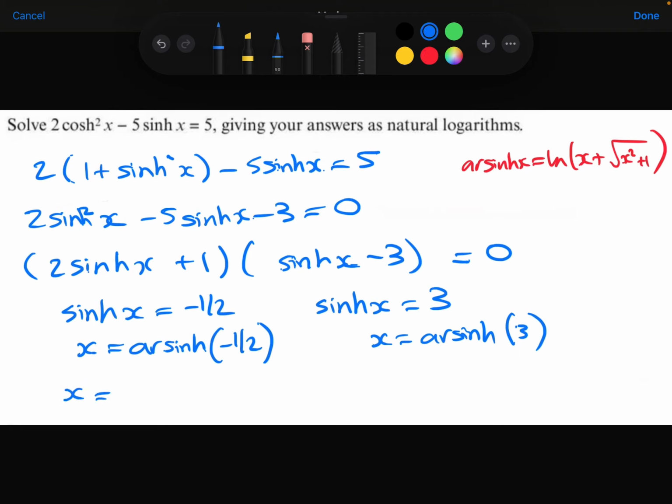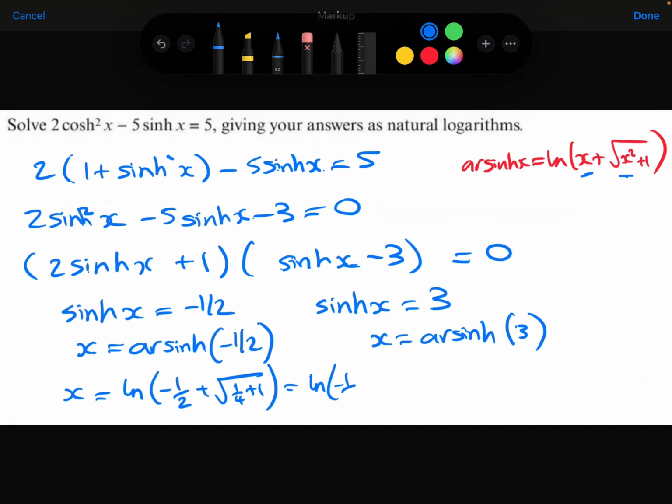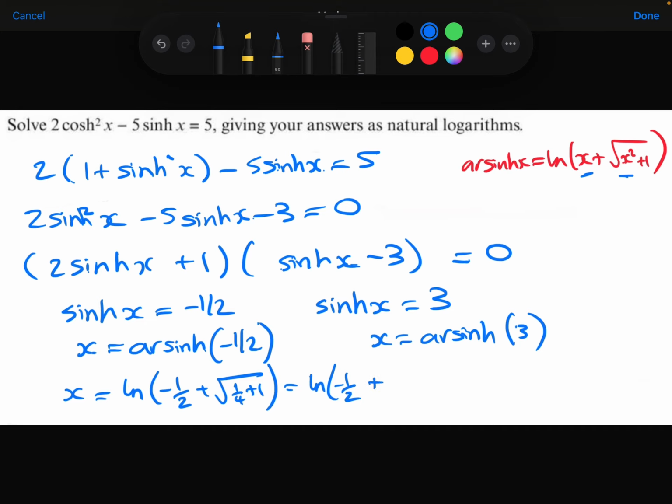So for the first one, substituting minus 1/2 in here and here, I'll get ln of minus 1/2 plus the square root of 1/4 plus 1, which is going to simplify to be 5/4. And I could then simplify that further, so ln of, so the 5/4 will become root 5/2 when I square root it.